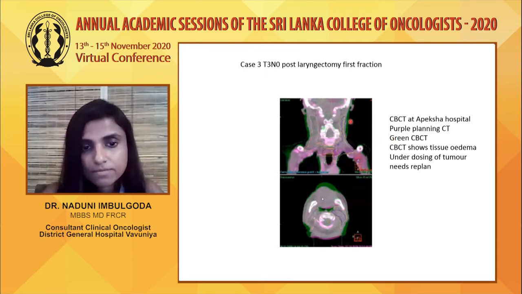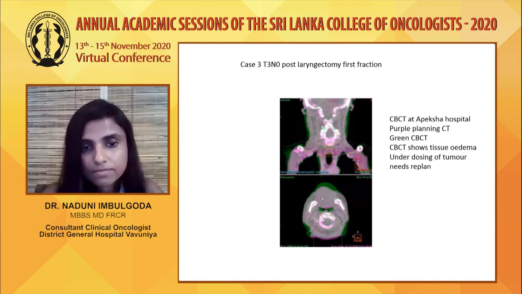So here you can see a bit of green all around. That means there's more soft tissue seen in the cone-beam CT than was seen in the planning scan. This is due to tissue edema. Tissue edema always causes underdosing of the tumor in head and neck plans. This is the first fraction, so we need to replan this patient, as it could cause continuous underdose.